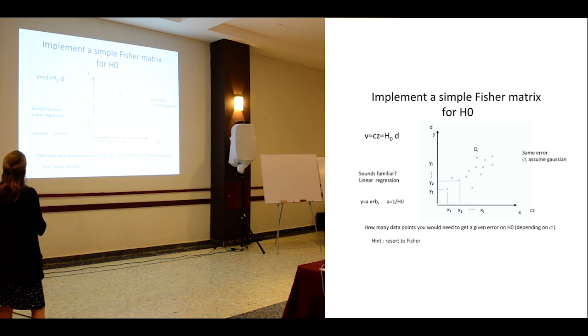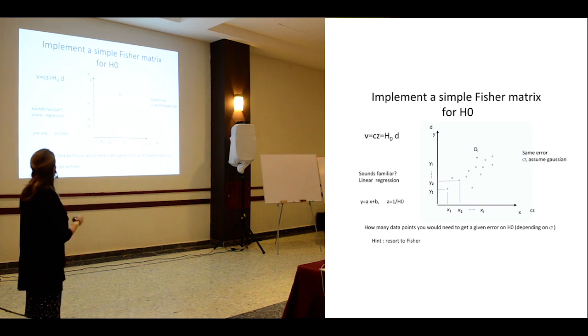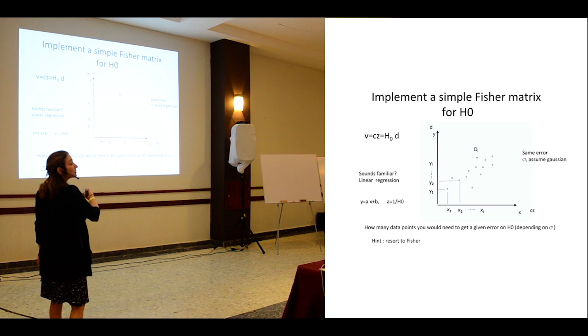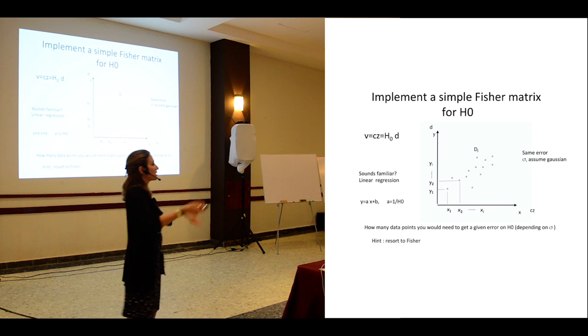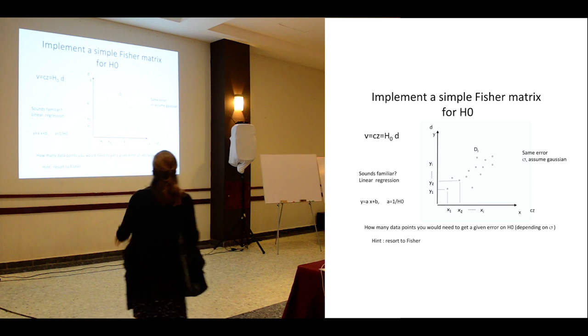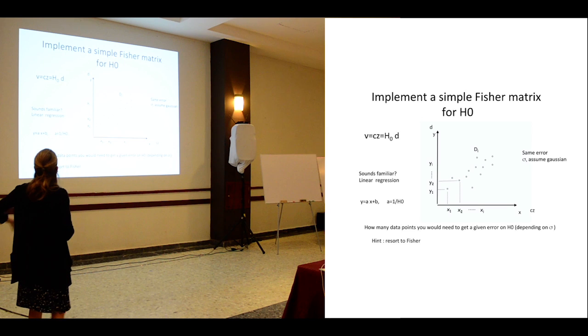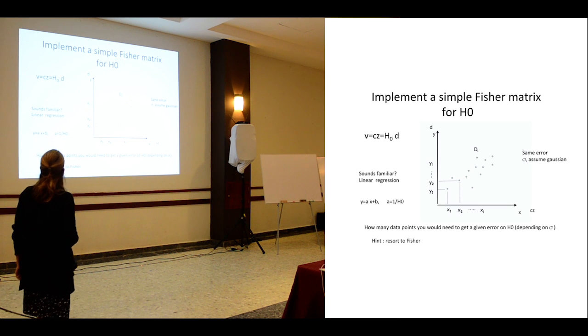Your model is y equals ax plus b. You may want to add b or may not. In the Hubble law there's no plus b, so you may want to have only one parameter, or you may want to add some extra nuisance parameter, and then we will add an extra parameter, and we say it will be 1 over H0.